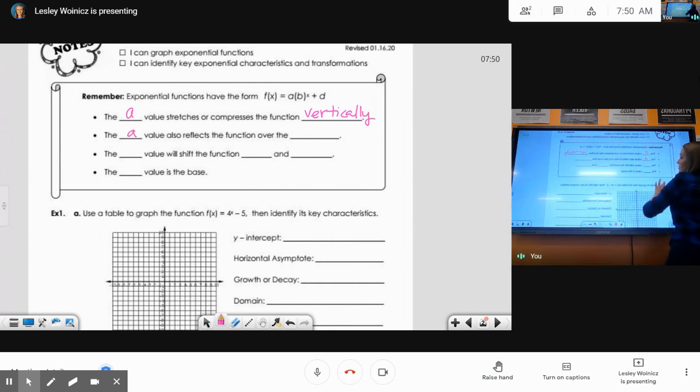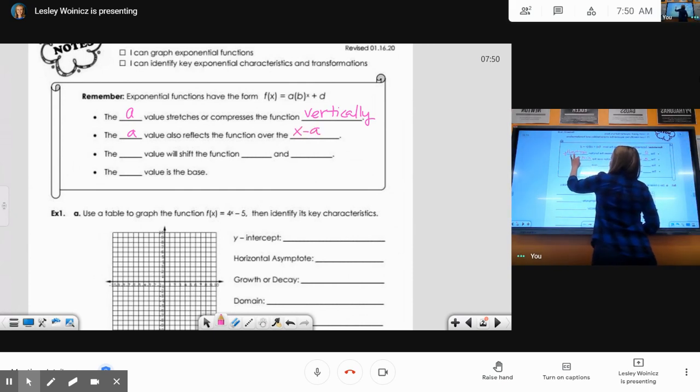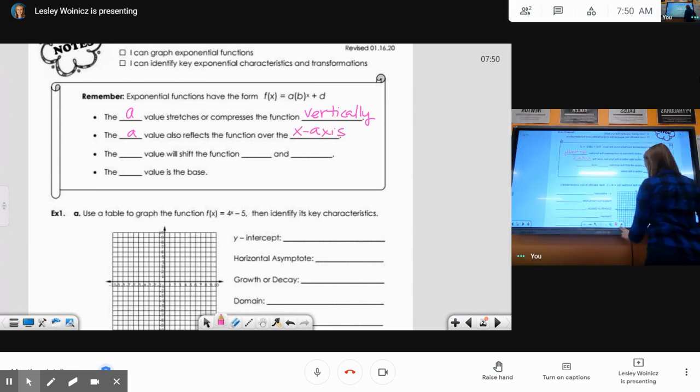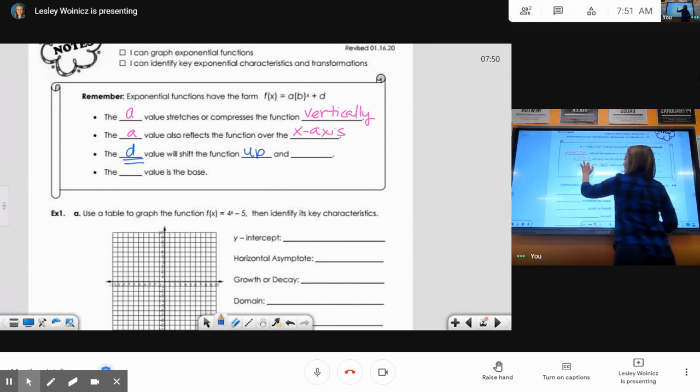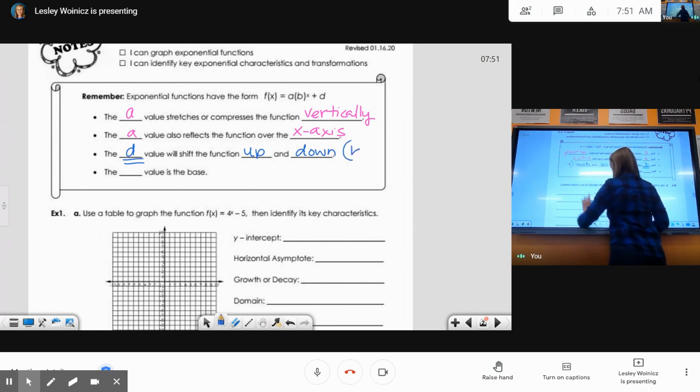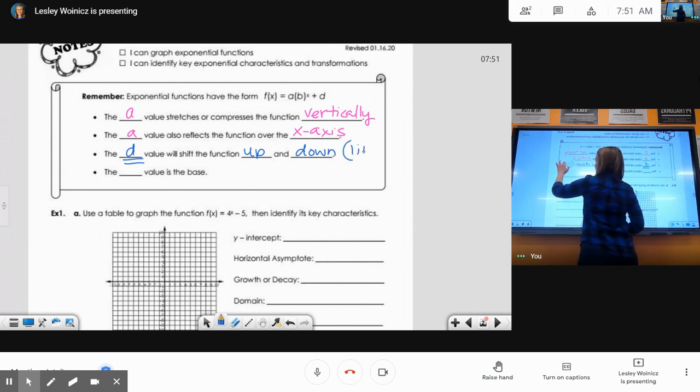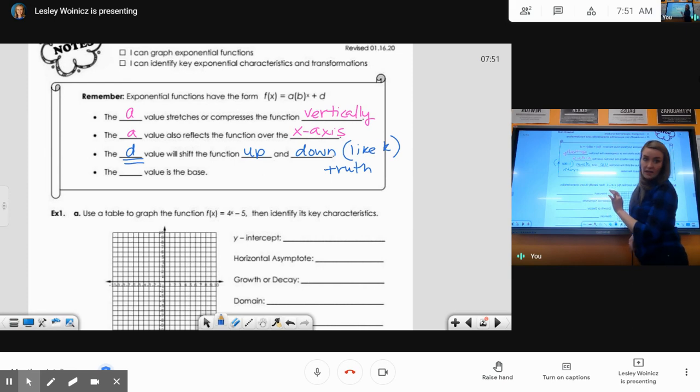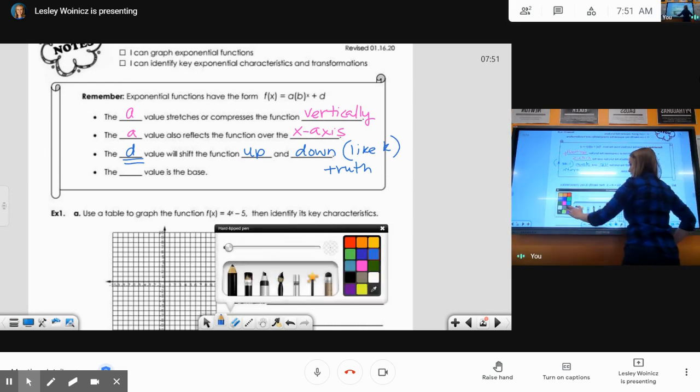Okay, a is also going to be responsible for reflections over the x-axis. This is what we're going to talk about today. The d value is going to shift the function up and down, just like k did for quadratics, and b is still the base.